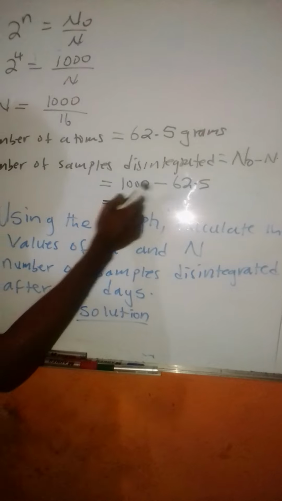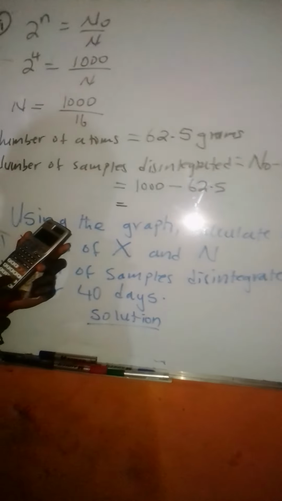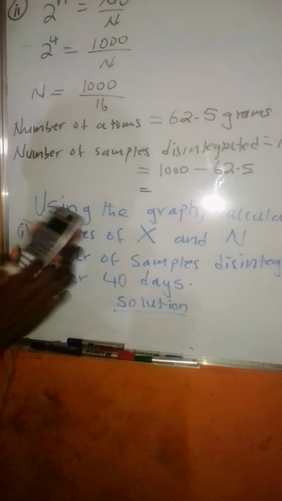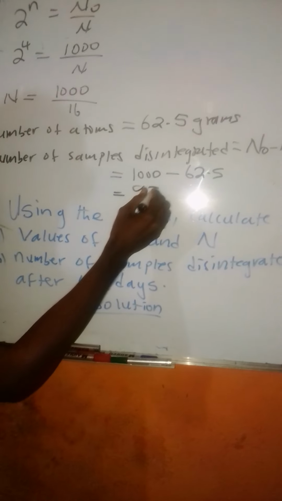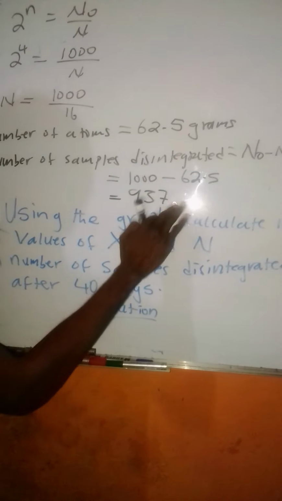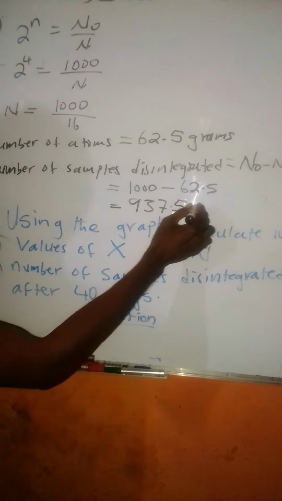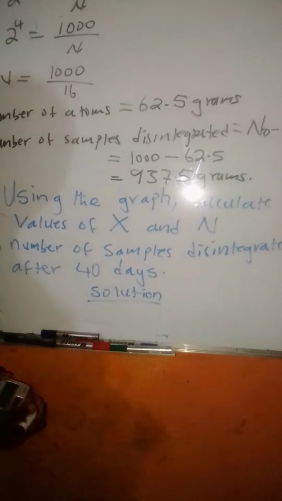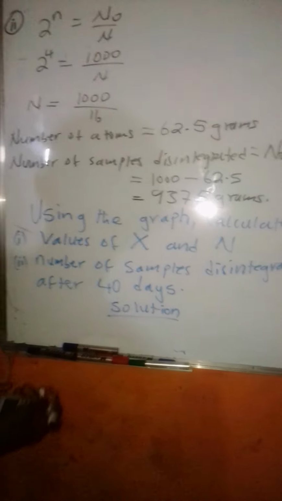So if we subtract, 1000 minus 62.5, that gives us a value of 937.5 grams. So this is the number of samples disintegrated after 40 days.